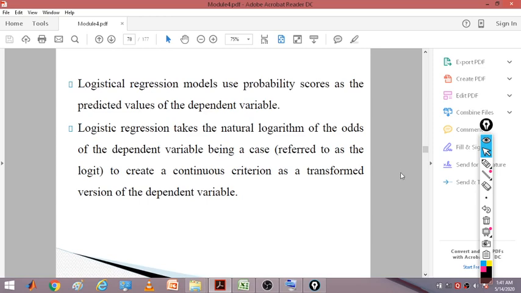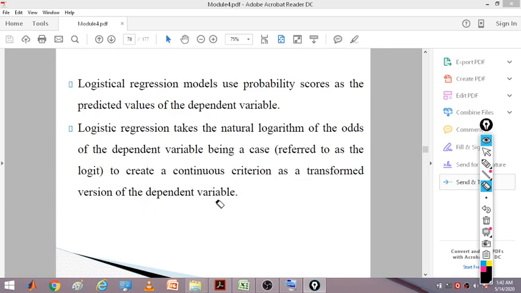Logistic regression models use a probabilistic score as well as predicted values of the dependent variable. You may be using probability scores for the independent variables. Logistic regression takes the natural logarithm of the odds of the dependent variable being a case to create a continuous criterion as a transformed version of the dependent variable.